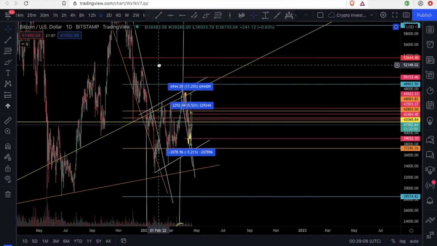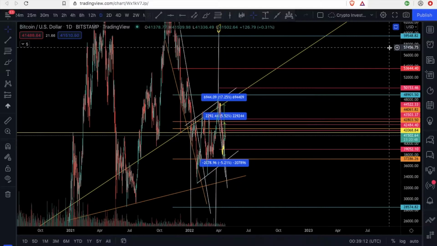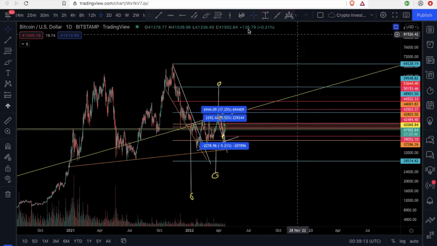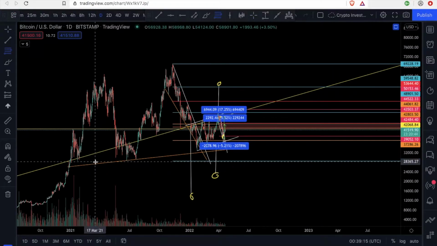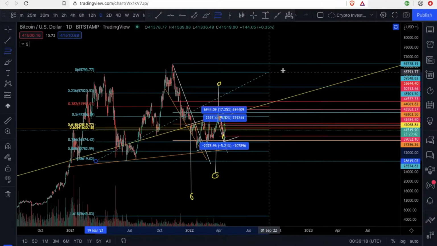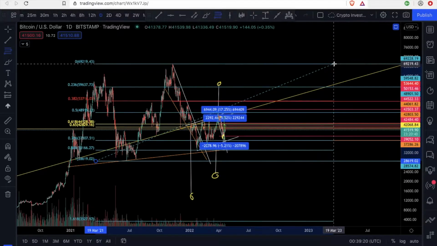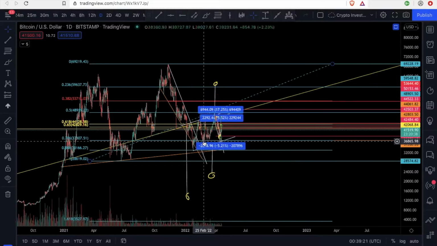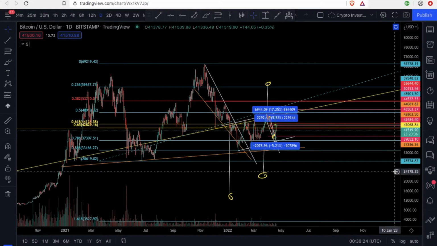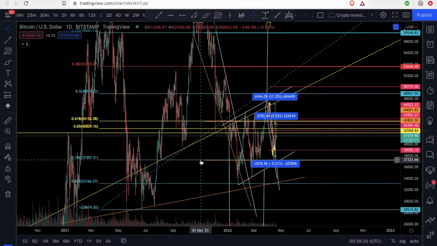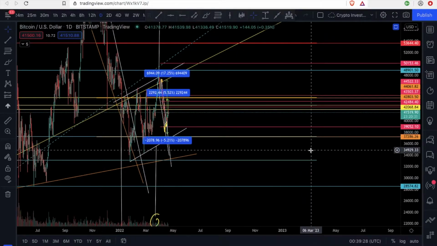So what I will do in this case is manually put the Fibonacci retracements like this, just in case for the people who don't understand those lines, so it can be easier to navigate there.